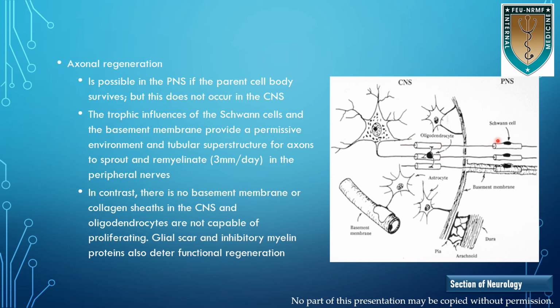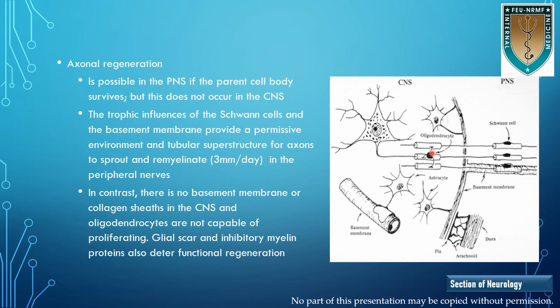The trophic influences of the Schwann cells in the peripheral nerves and the basement membrane provide a tubular superstructure for the axons to sprout and remyelinate at a rate of around 3 millimeters per day in the peripheral nerves. In contrast, there is no basement membrane or collagen sheaths in the central nervous system.